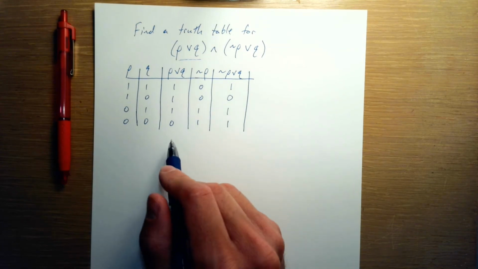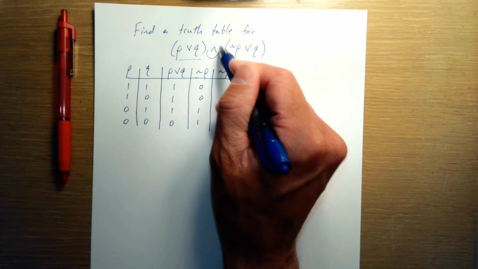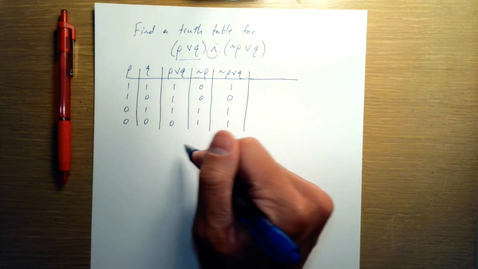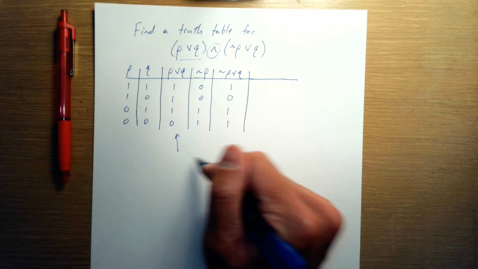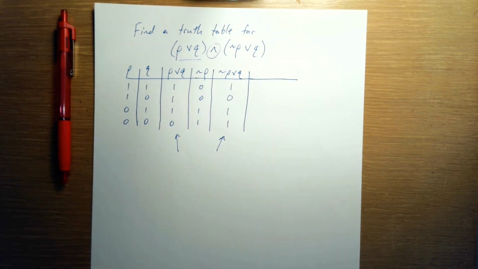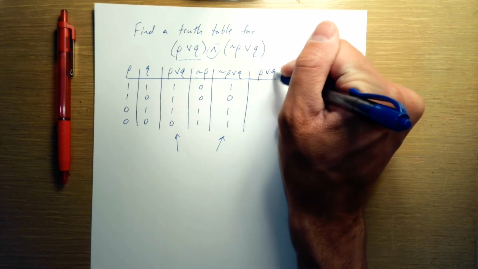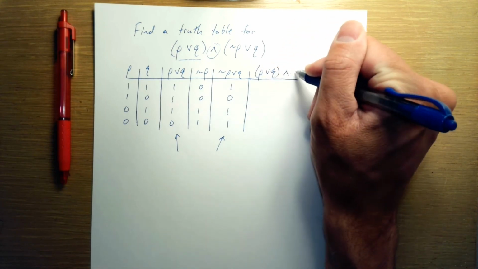So now I have my two inputs. When I focus on this AND, the two inputs for this AND statement are these two columns. So now I can form my entire statement.